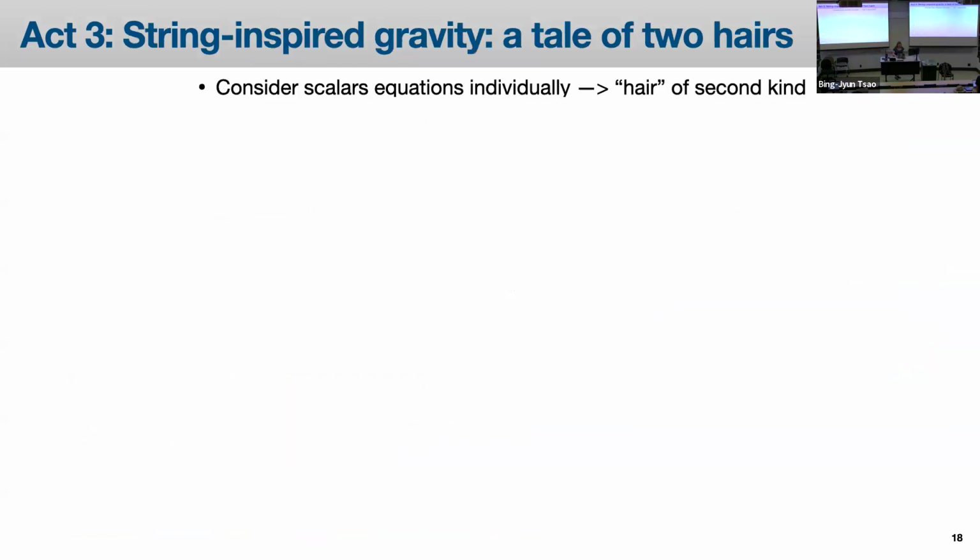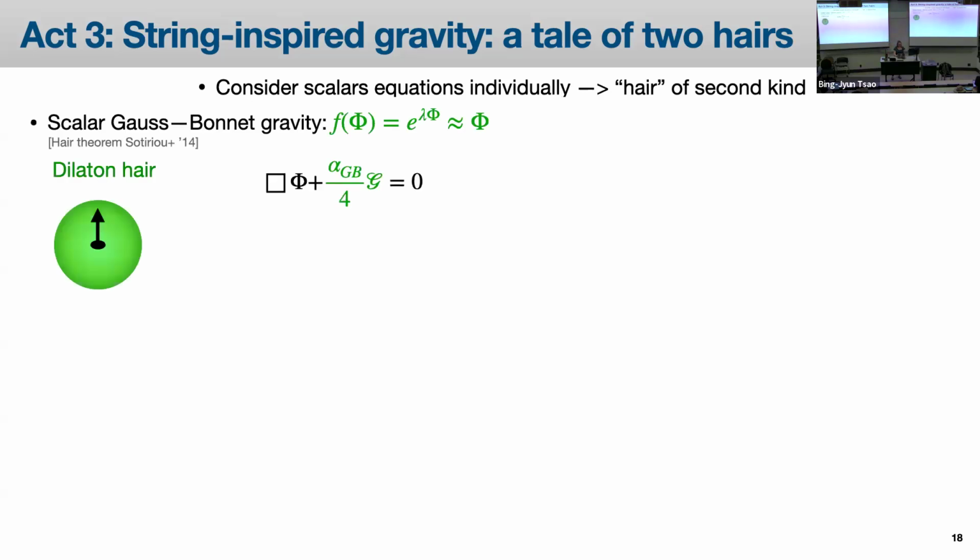Good. So this is going to be a bit of a busy slide, but thinking about what does a scalar field do if we put those around a black hole. Well, for the scalar field itself, we will have scalar hair sourced by the Gauss-Bonnet invariant. To leading order, it's going to be a monopole.